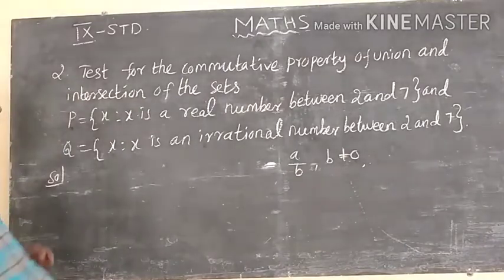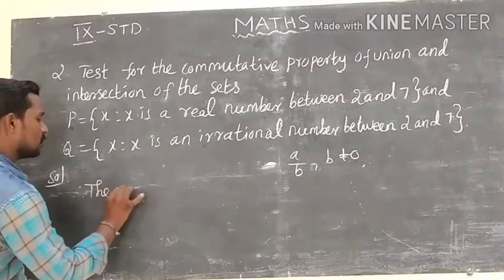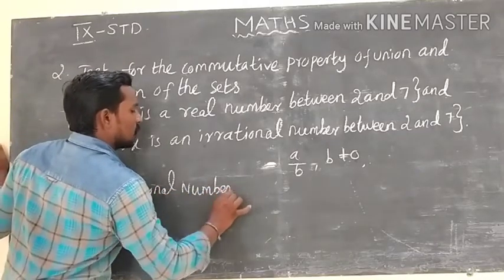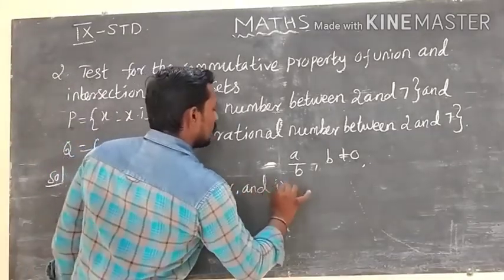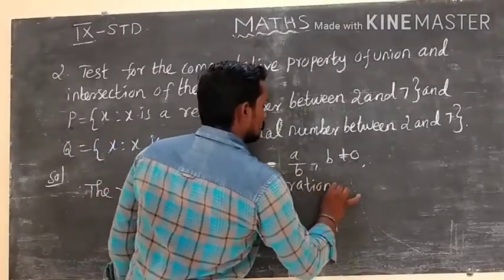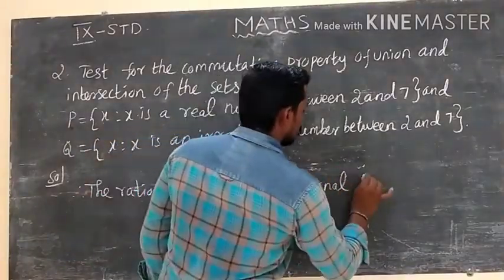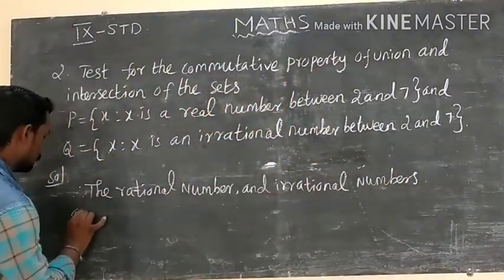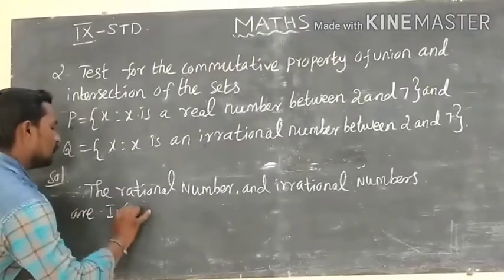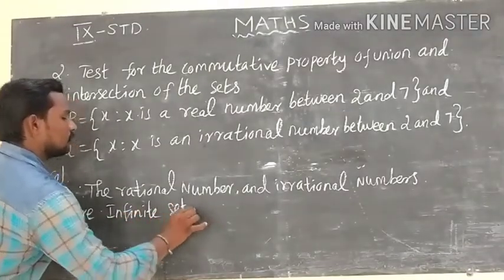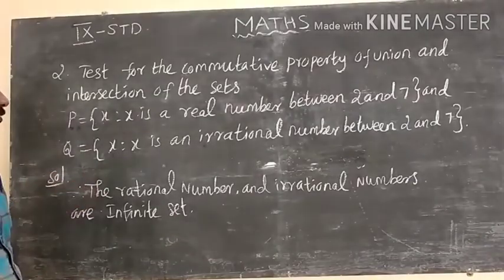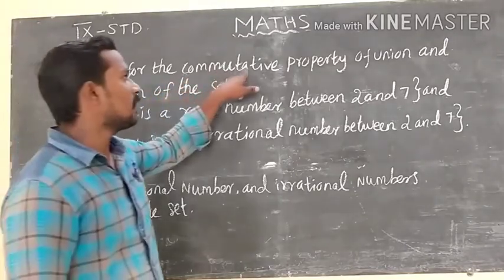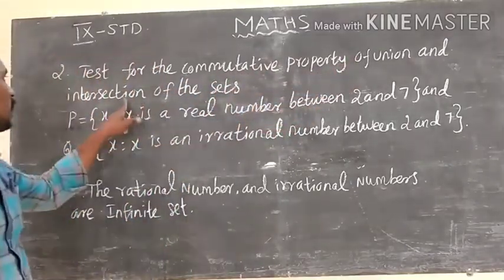So the rational numbers and irrational numbers are infinite sets. So both are infinite sets. An infinite set must satisfy the commutative property of union and intersection.